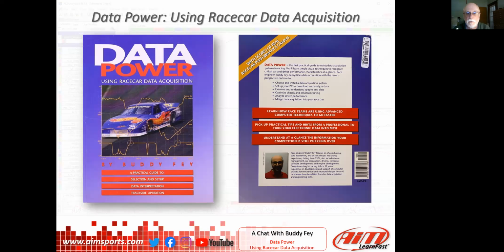I had a 6-channel system with RPM, wheel speed, throttle position, steering angle, longitudinal and lateral G's. It cost me $6,000. And I had a $7,000 computer to look at DOS software, which basically would just display.